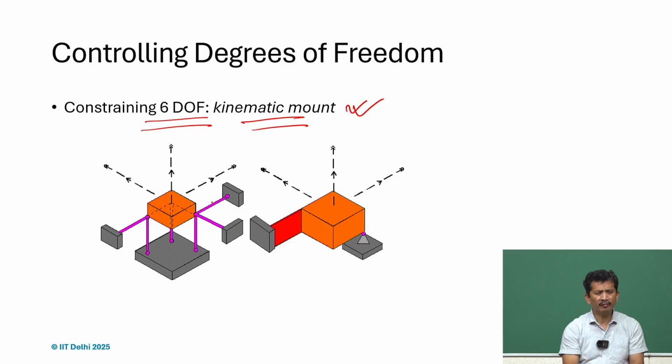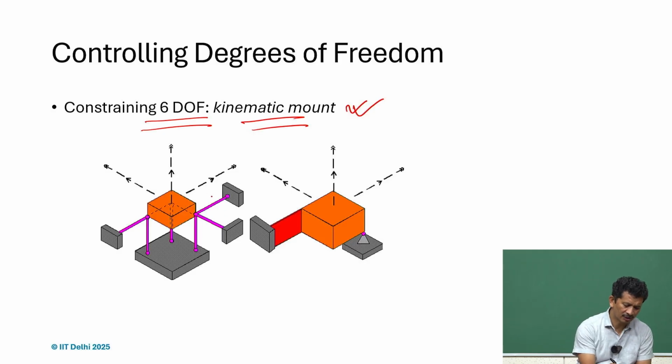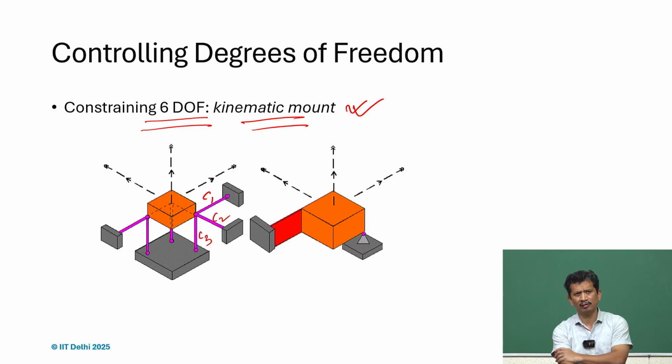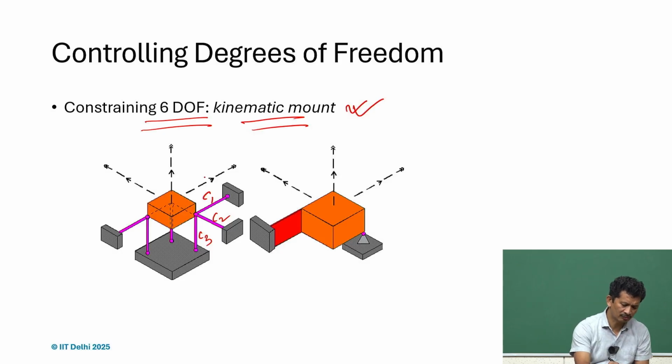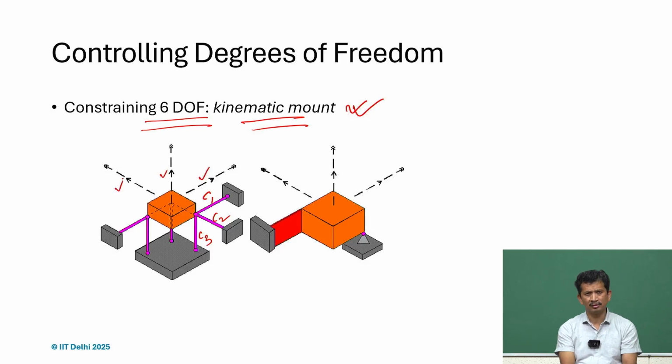So, there can be various ways to explain. One of the ways is again we go by C1, C2 and C3. So, C1, C2, C3 will provide all the 3 translation constraints, and now if you want to constrain the rotation parts, these translation constraints can all be achieved with C1, C2 and C3.